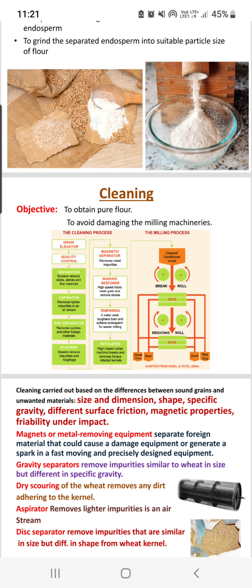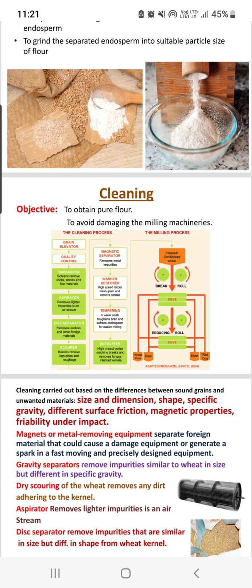We can also separate the broken kernels on the basis of size, dimension, shape, specific gravity, surface friction, magnetic properties, and friability under impact. By considering these points, we can clean the wheat kernels.